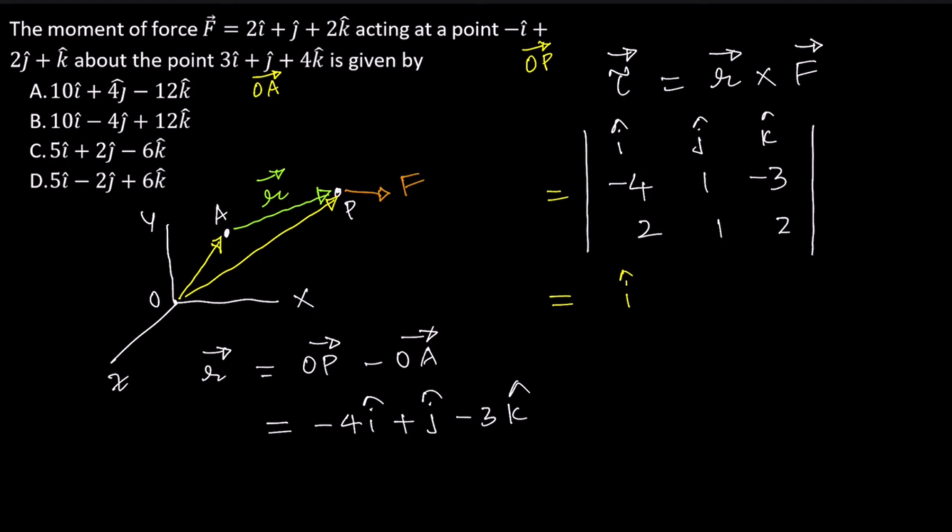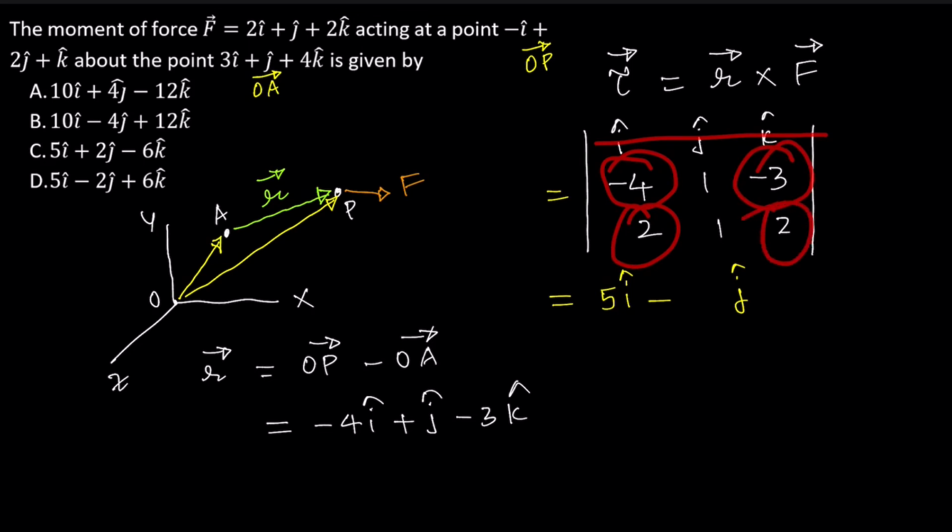So the x component is 5 i cap, and then minus j. Then we have to get the y component. How do we get the y component? We're going to ignore this row and this column, and then we have this determinant, including those 4 elements.